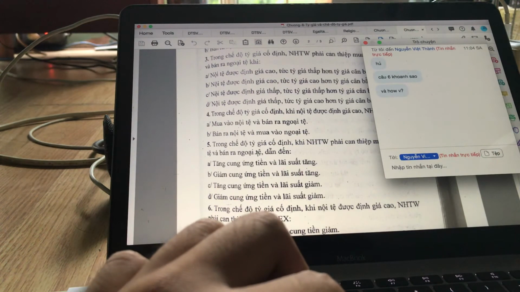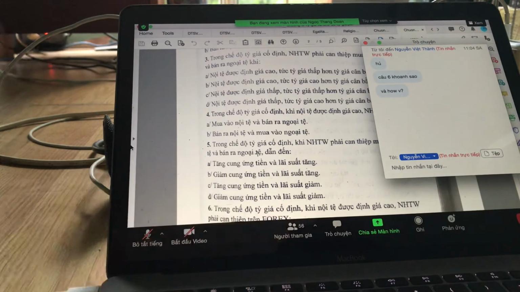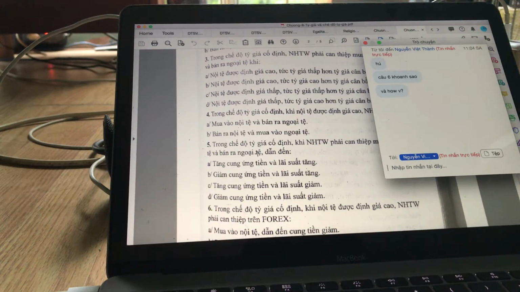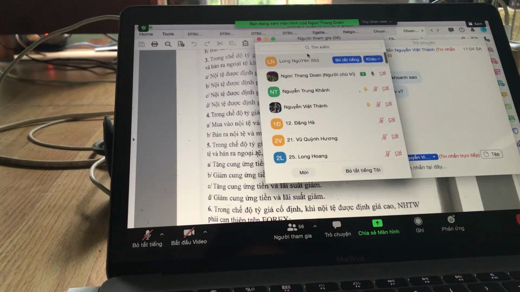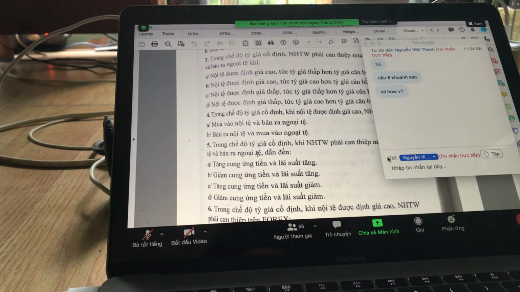Question 5 refers to the consequence of intervention when the central bank buys the domestic currency and sells the foreign currency. Okay. Time's answer is B, decrease the money supply and increase the interest rate.